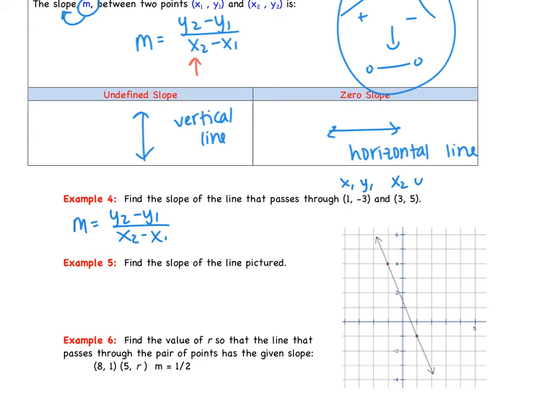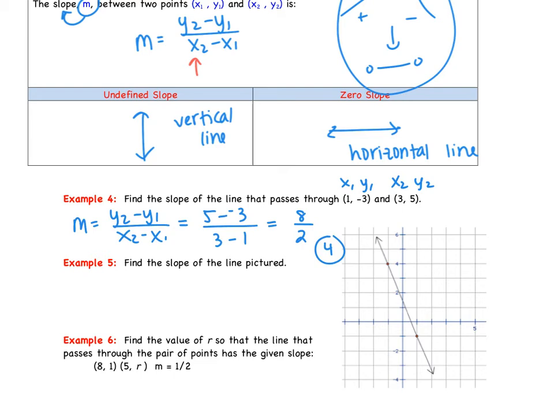The second one is x2 and y2. So using our points, we get 5 minus -3, so be careful there, over x2 minus x1. In the numerator, we get 8. In the denominator, we get 2. So we get a positive 4.